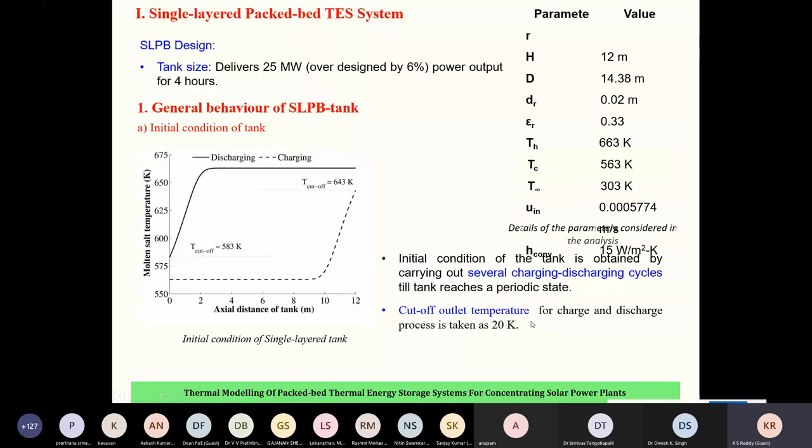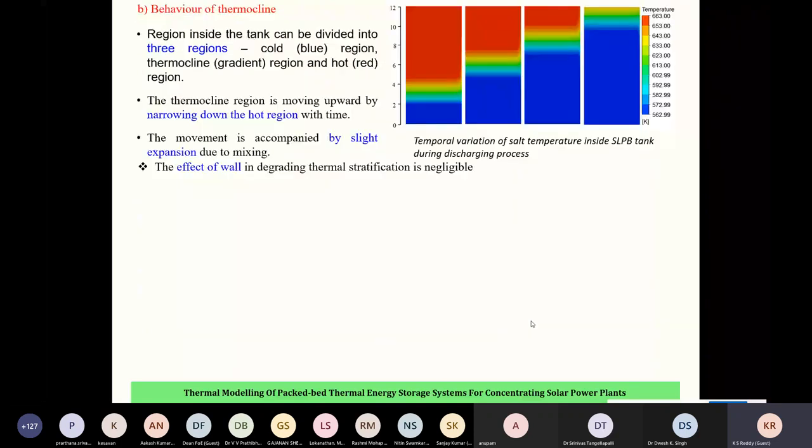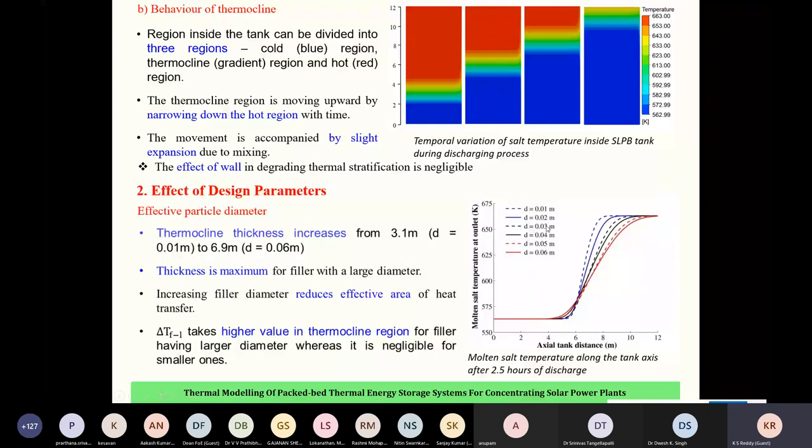And of course, this is further analyzed by taking periodic state initial conditions, how the tank thermocline moves from bottom to top and top to bottom. You see, in discharging mode, it will move up. So this one is moving up here. And you can see the effect of design parameters, how they behave, and what the molten salt behavior is with different bed diameters and so on.